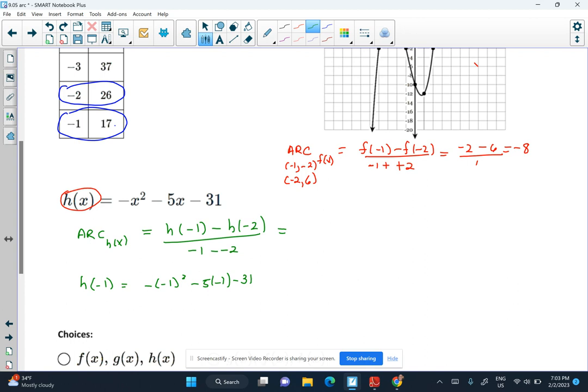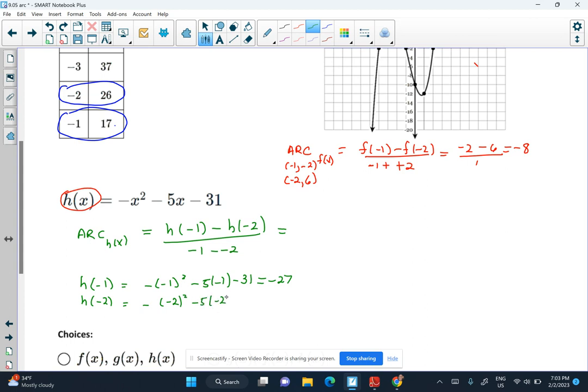And again, you could use the store feature of the calculator, but to save time, I am just going to write down the correct answer, and that should be negative 27. And now we're going to evaluate it at negative 2. So the store feature may save you some grief with arithmetic.